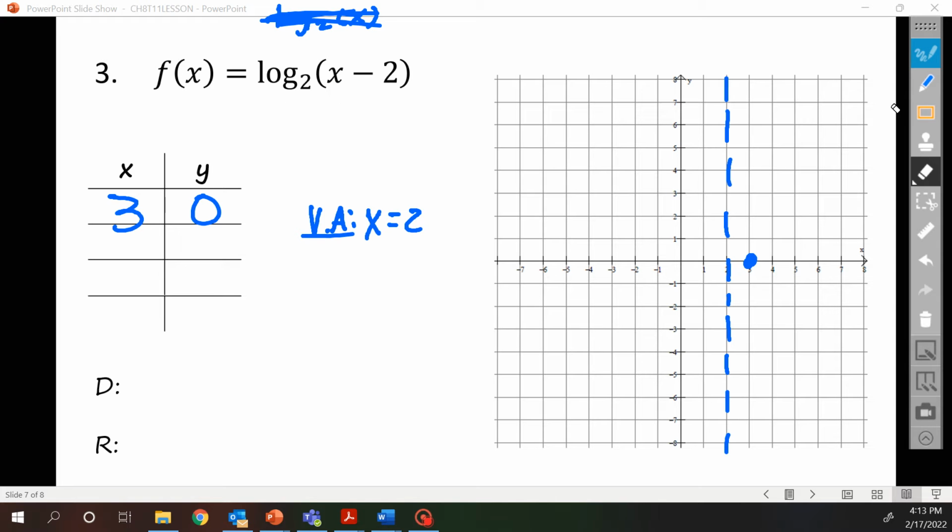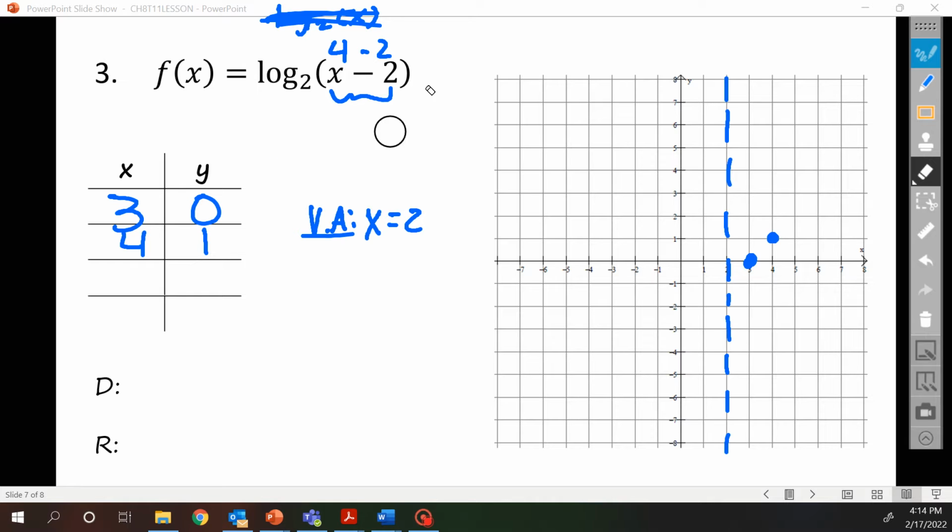Now, the next point I plug in should give me an output of 1, which means that this, when I plug it in, should be 2. Well, to accomplish that, I need to plug in 4. Because 4 minus 2 is 2, and log base 2 of 2 is 1. So my next point is 4, 1.